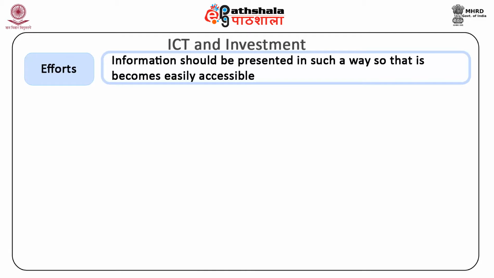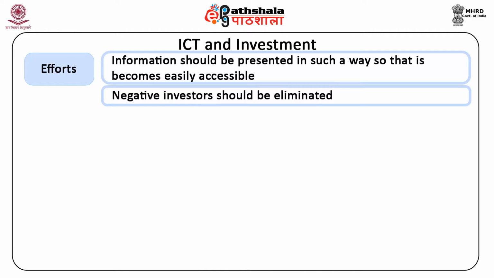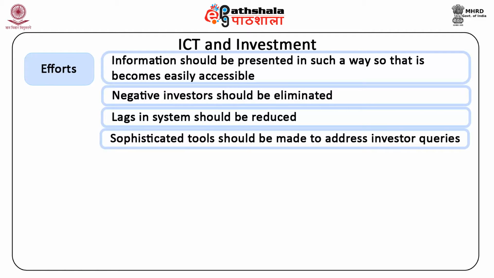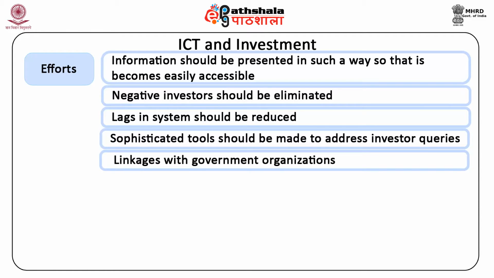Information should be presented in such a way so that it becomes easily accessible. Negative investors should be eliminated. Lags in system should be reduced. Sophisticated tools should be made to address investor queries. Response time to queries should be reduced. There should be linkages with government organizations.